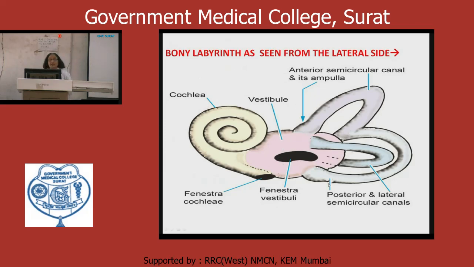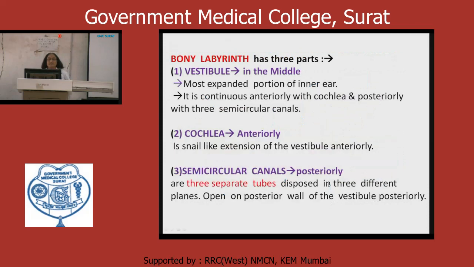The vestibule, in the middle, is the most expanded portion of the inner ear cavity. As we have seen in the previous diagram, the vestibule is continuous anteriorly with the cochlea and posteriorly with the three semicircular canals. The cochlea is a snail-like extension of the vestibule anteriorly, two to three turns coiled on itself.